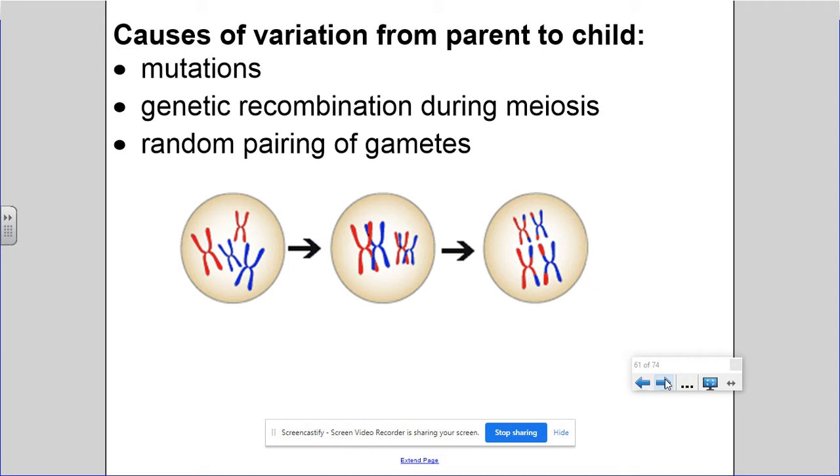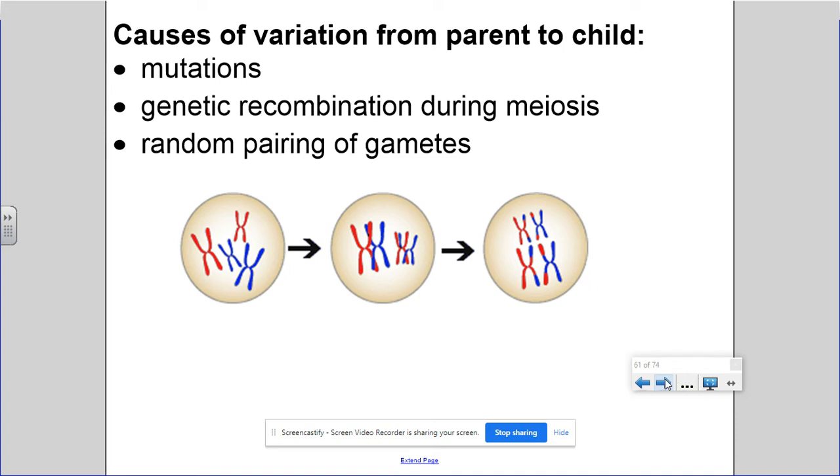First, let's review the causes of variation from parent to child. It might be better to say from parent to offspring, because this applies to all sexually reproducing organisms. And even if we're talking about asexual organisms, there's still going to be variation. So we have mutations, genetic recombination during meiosis.